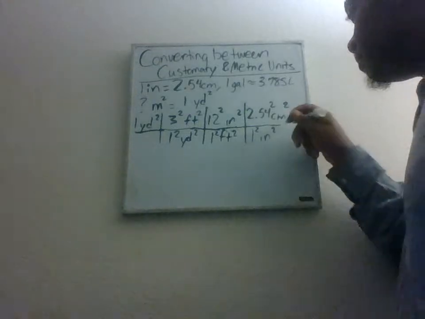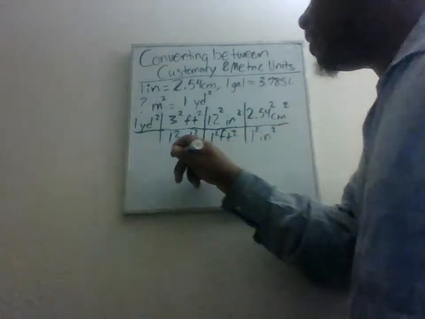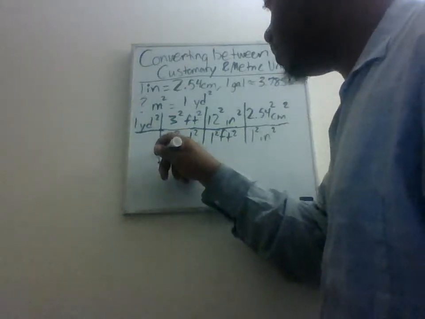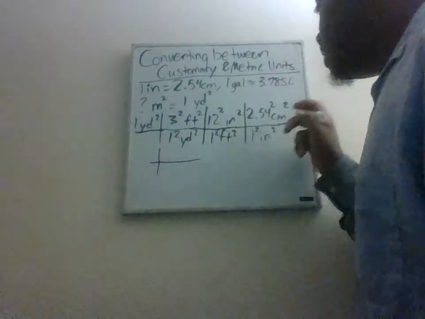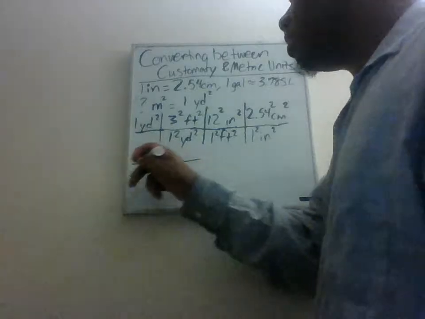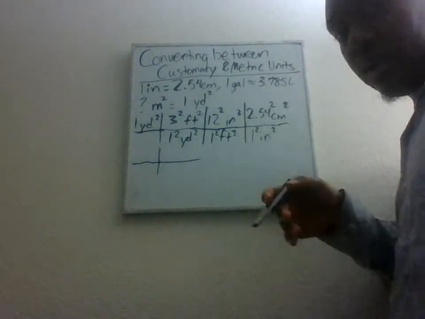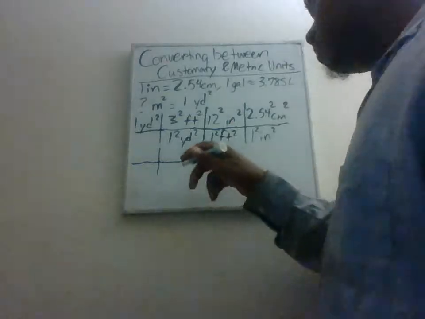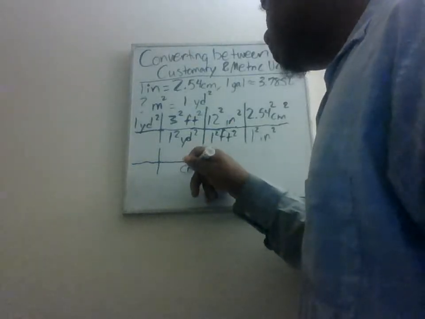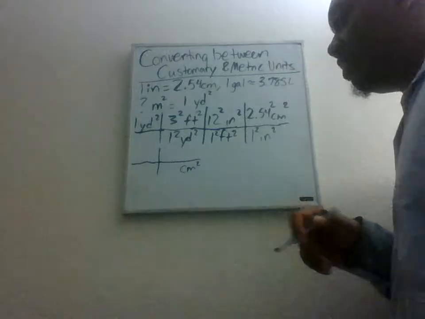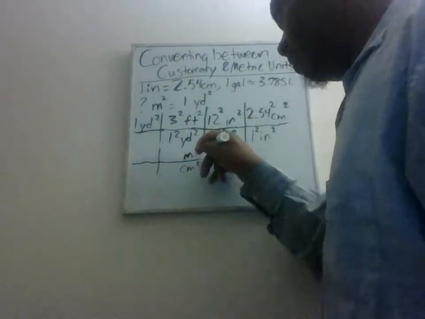Now lastly, and I'll put it down here just to save space. After we get our answer, we will need to go from centimeters squared to meters squared. Well, centimeters is down here. Meters will be up here.